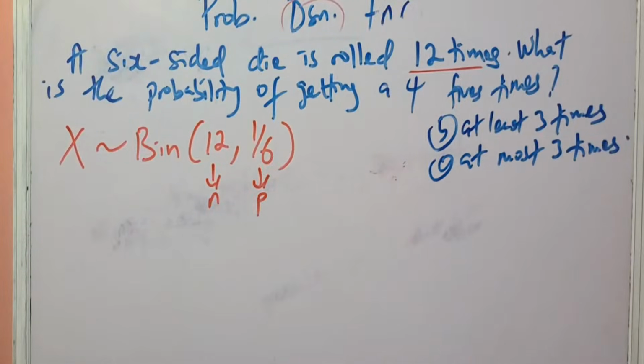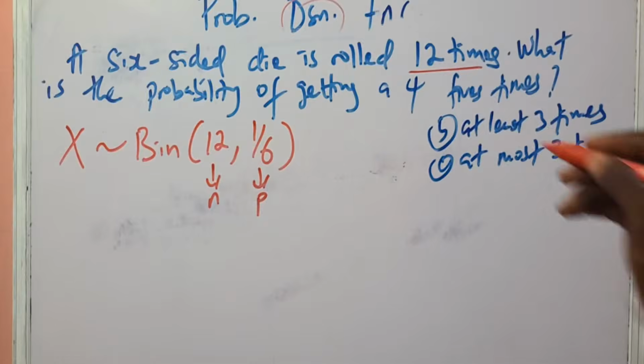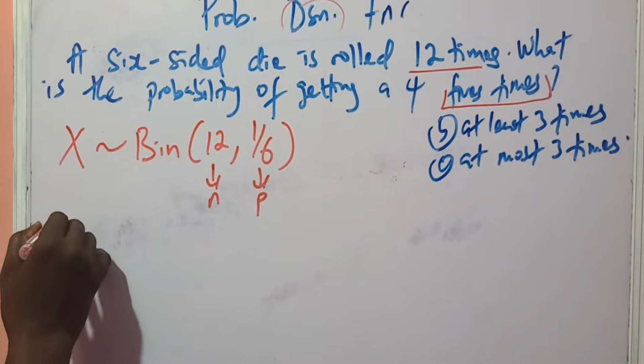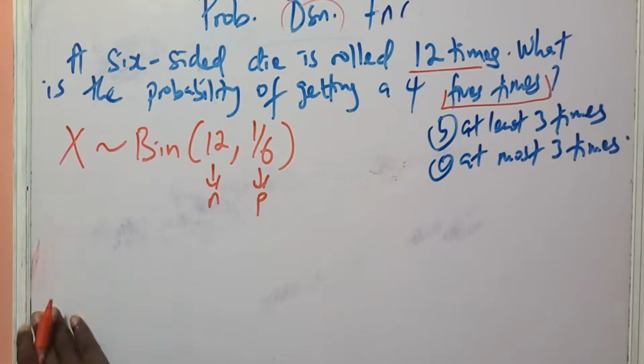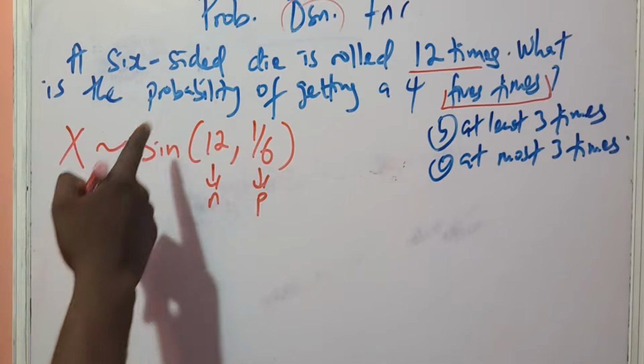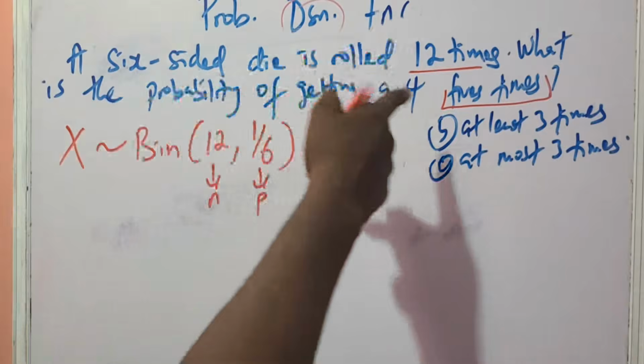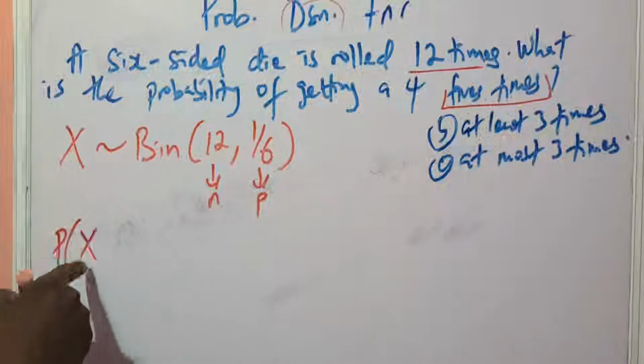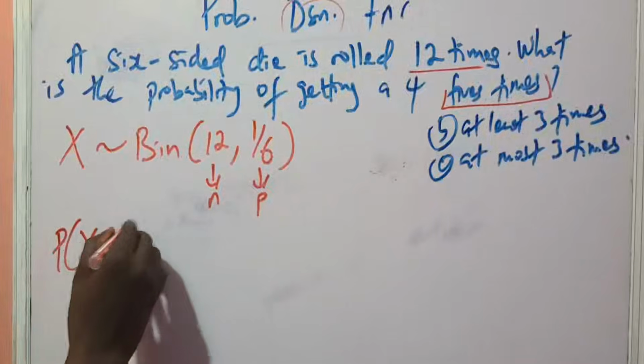The question asks: what is the probability of getting a 4 five times? This 5 times is indicative of the number of successes. So the question is trying to say, the probability of getting a 4, the number of successes here is 5.